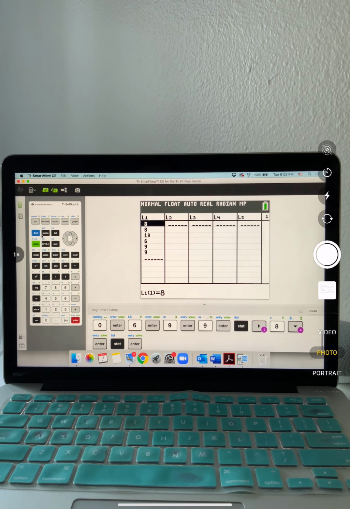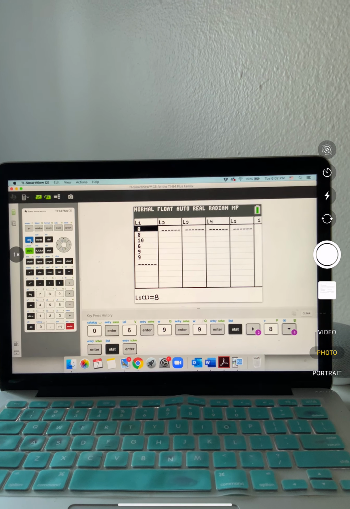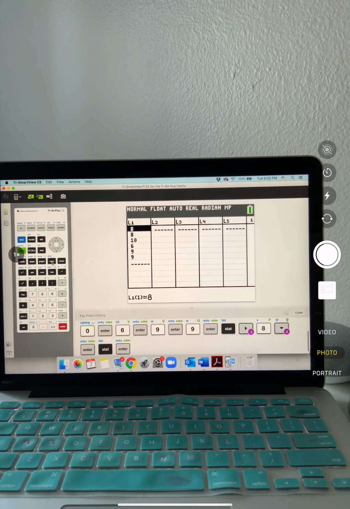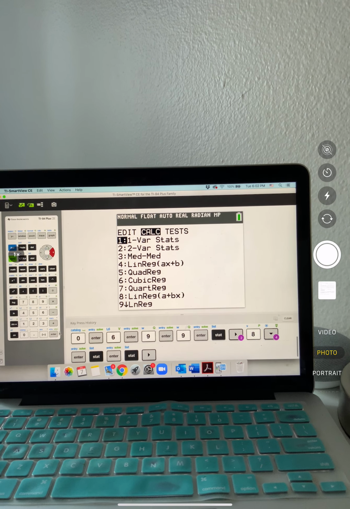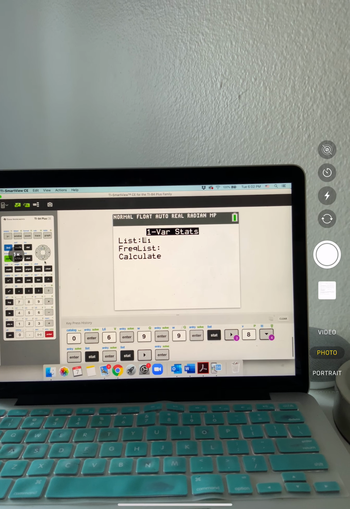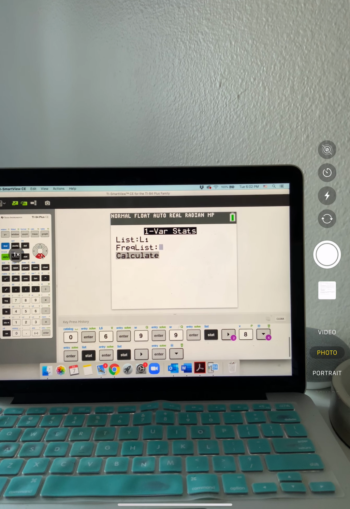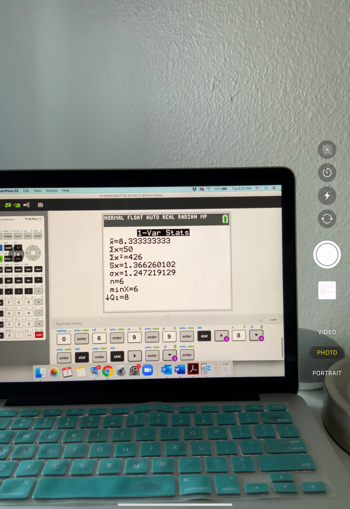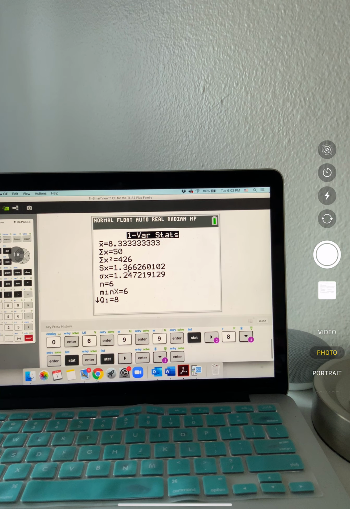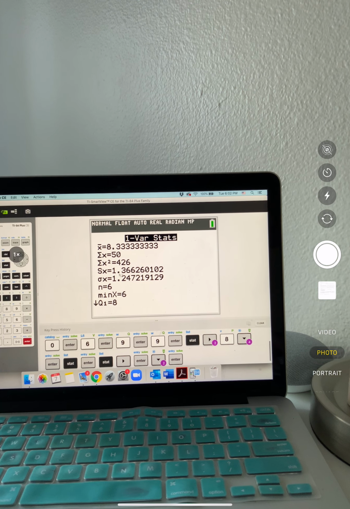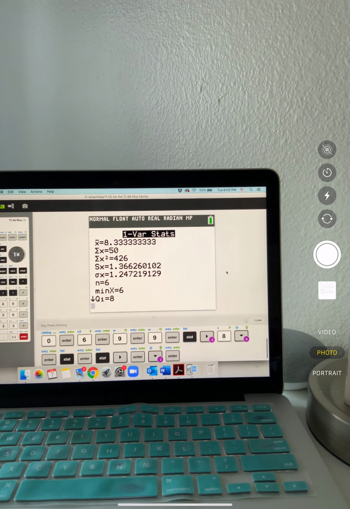So I showed you in chapter 2. You can do this by using stat, calc, one-var statistics. Yep, there's L1. Calculate. There's your S: 1.366. I'll just keep it at 3 decimal places.